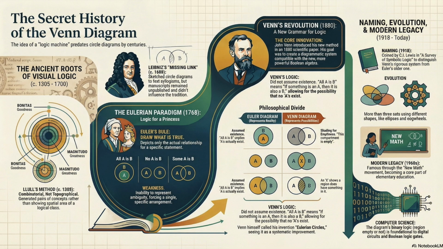And even if we grant Lange diagrams 50 years before Euler, Venn still dismissed them. And that tells us something important about what makes a system historically significant, doesn't it? It does. Venn rejected Lange's circles as an isolated evolutionary dead end. A dead end? Why? Because they lacked any systemic rigor. They were essentially just one-off, almost decorative illustrations used to visualize specific sentences, maybe a circle here, two separated circles there.